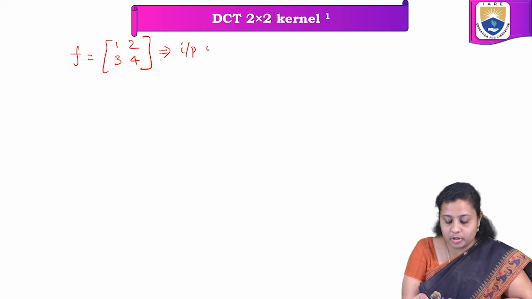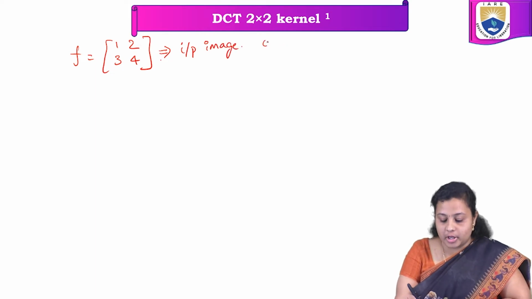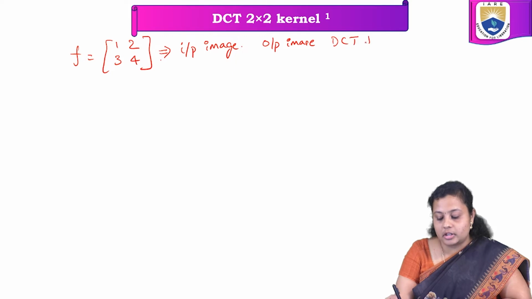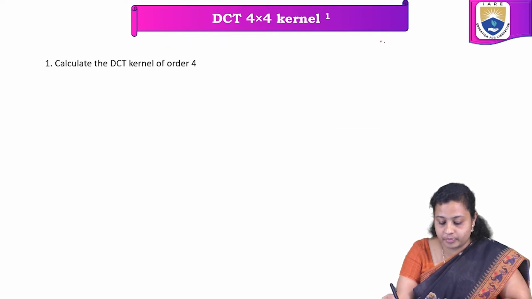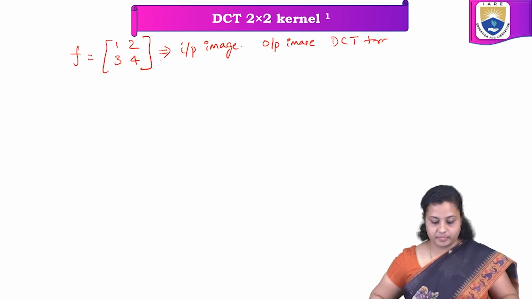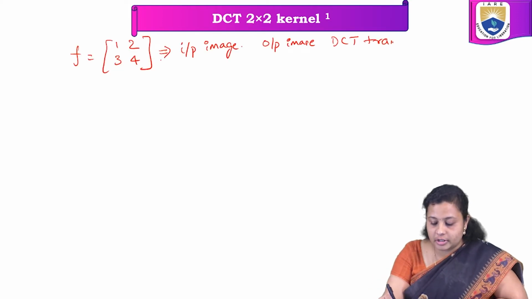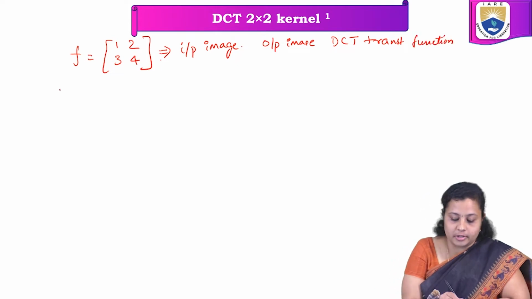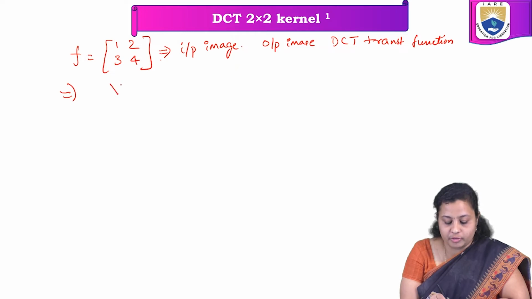If I want to calculate my output image, which is DCT transformed, using the DCT transform function, then we get the output transform function V as A F into A transpose.